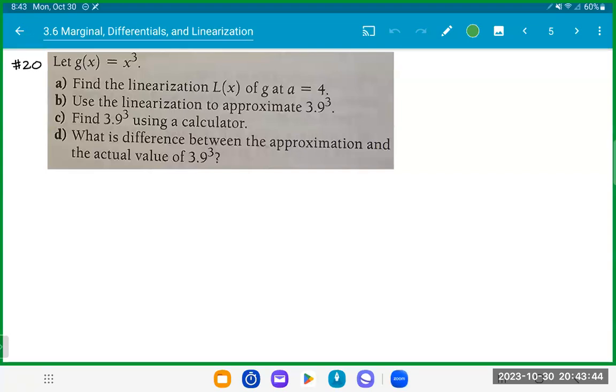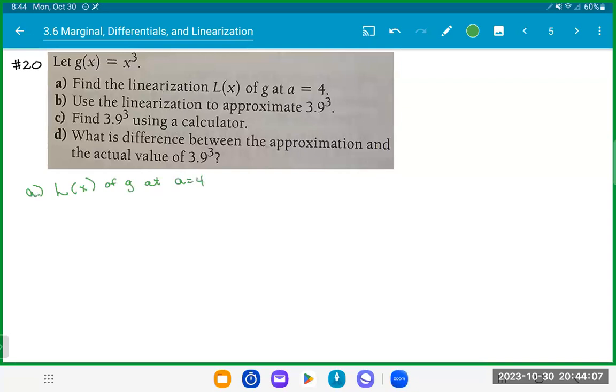So in this case, we have to think back to our linear approximation. For part A, we would say L of x, the linearization of g at a equal to 4.